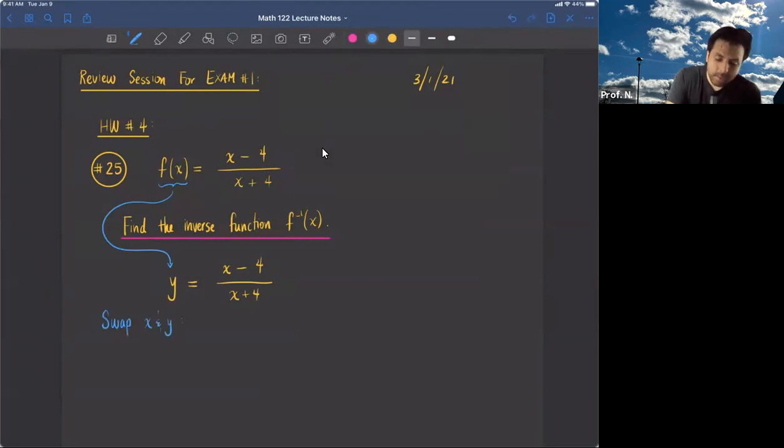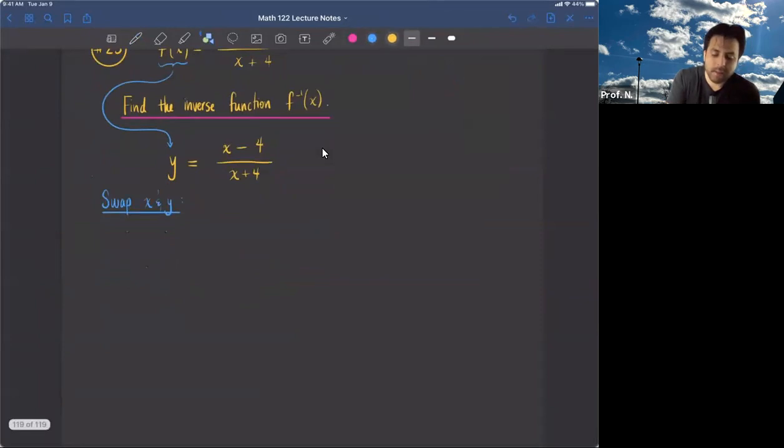Now, what does that mean? That means that wherever I see a y, make it into an x. And wherever I see an x, write it as a y. So this will look like this. X is equal to y minus 4 over y plus 4. Okay, so that's what we have to do. And now after we swap the x and the y, what is it that we try to do?